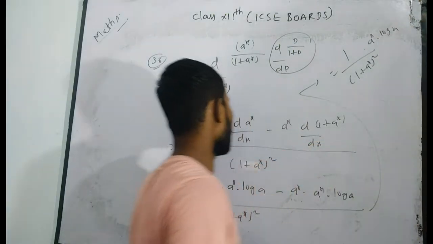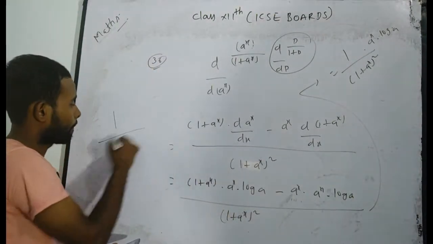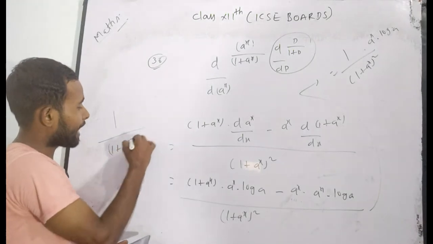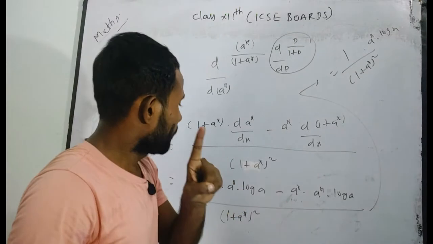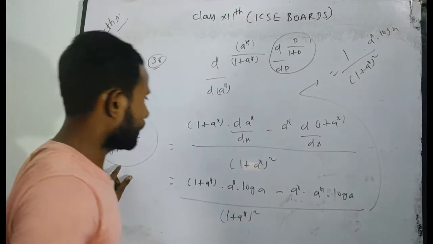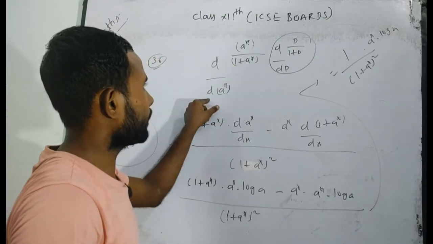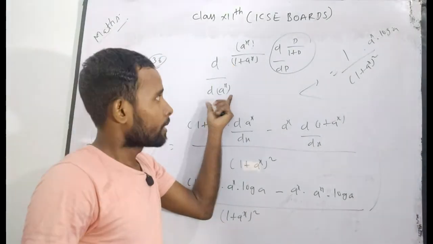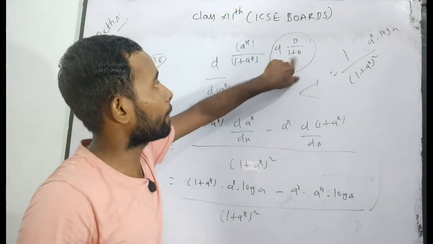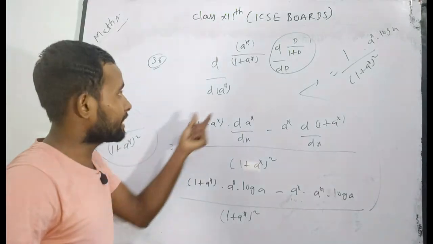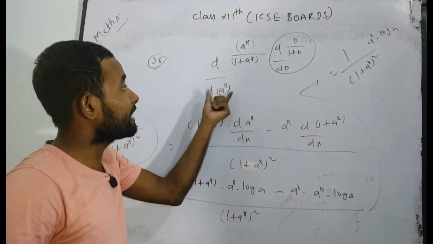Now see here, as you know the answer of this question will be 1 upon 1 plus a to the power x whole square. So I will suggest you, here you get this, but you have to differentiate this function with respect to the derivative of a to the power x. By treating a to the power x as p, we found 1 plus p, but in the denominator you get d a to the power x.